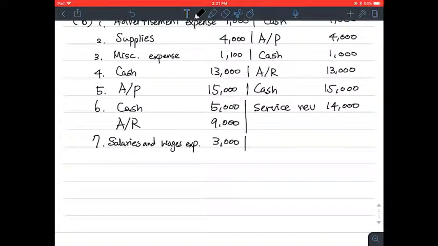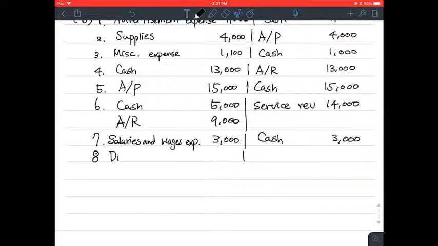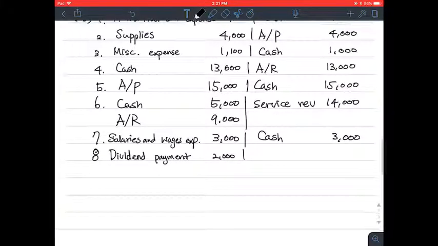And you paid in cash, $3,000. And for 8, dividends during January were $2,000. So you have a dividend payment, $2,000, and you paid it in cash, $2,000.